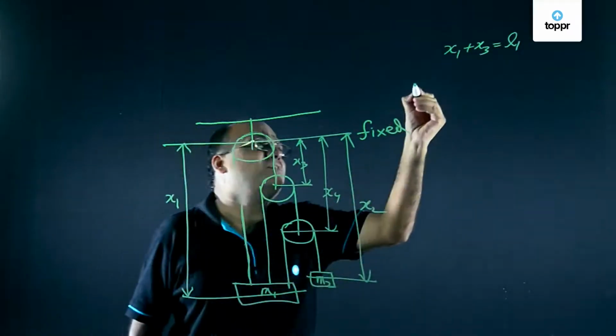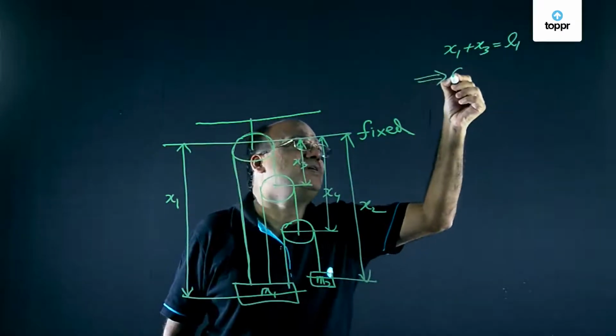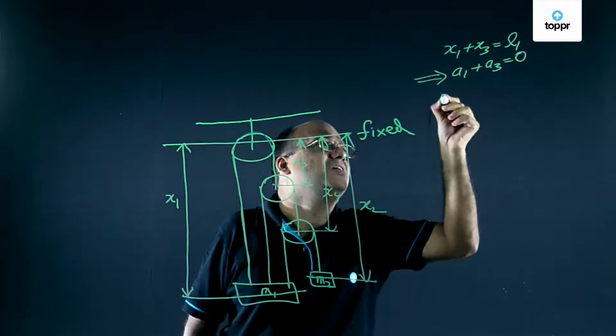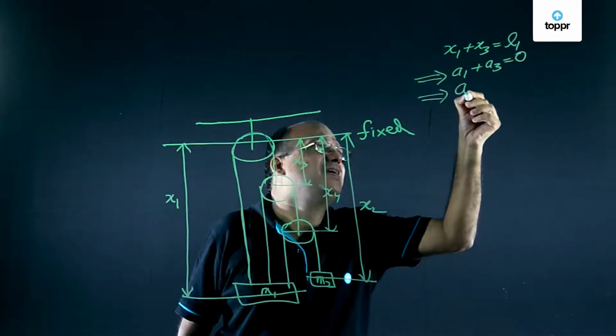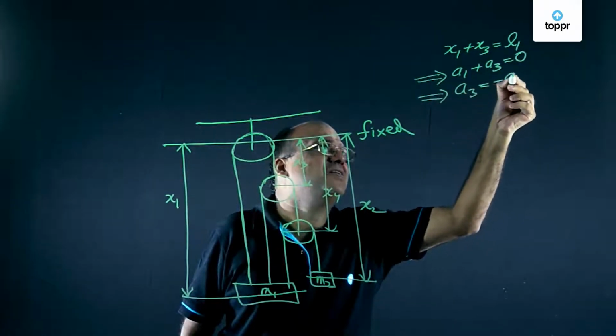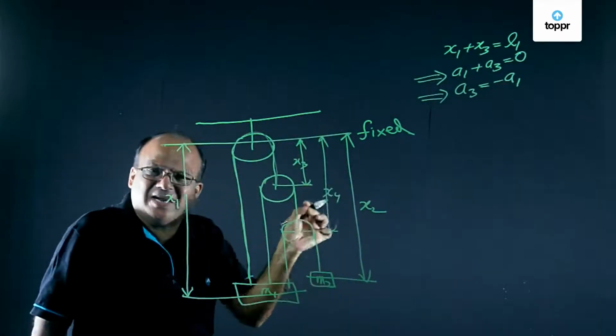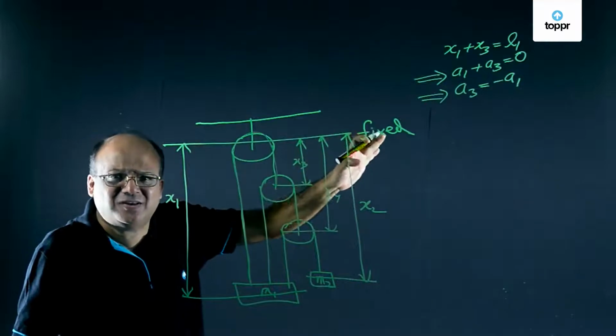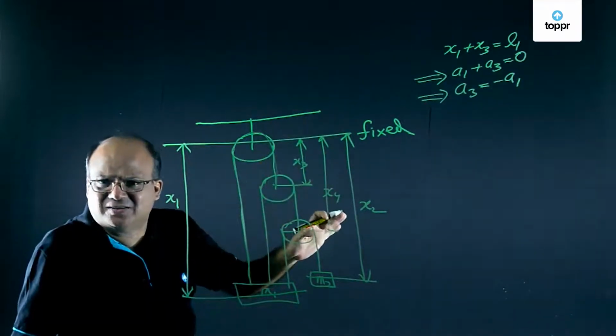If you differentiate this equation twice with respect to time, you will get A1 plus A3 equal to 0. This implies A3 is minus A1. See, A3 is an intermediate variable, so you want to eliminate that. That's why we are writing an equation for finding A3.